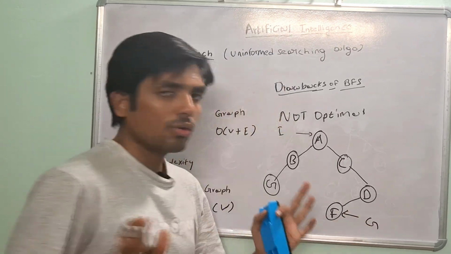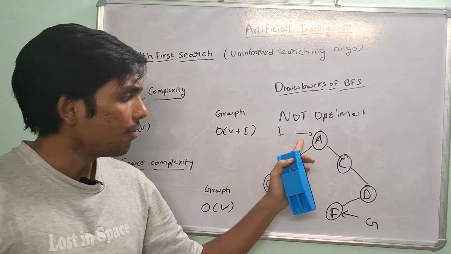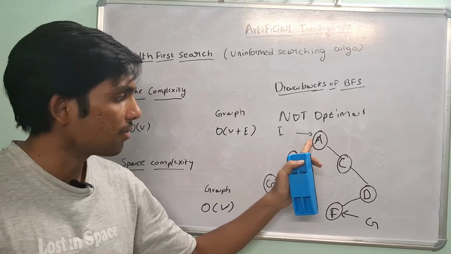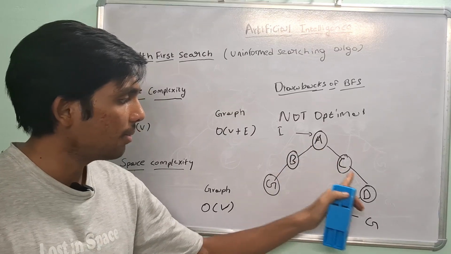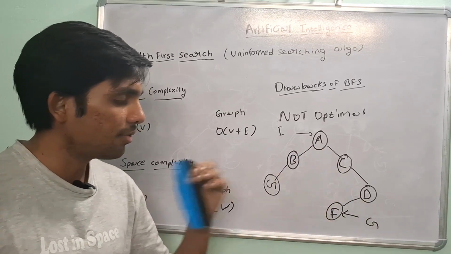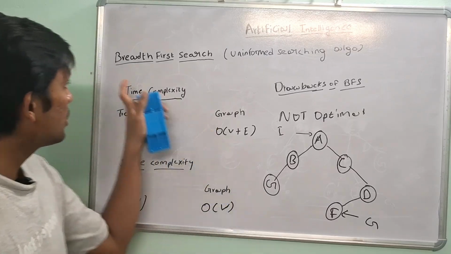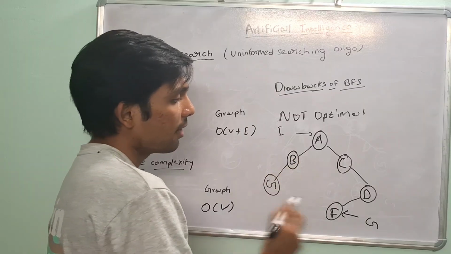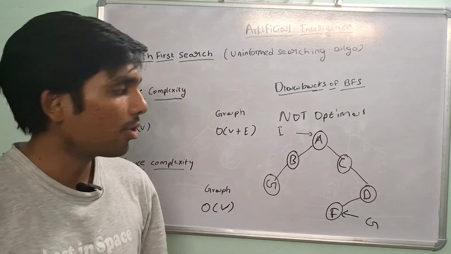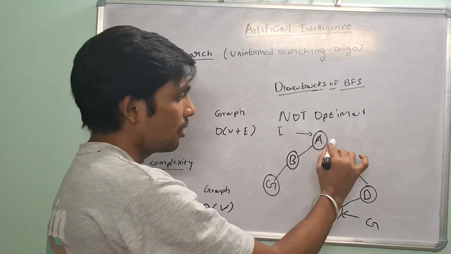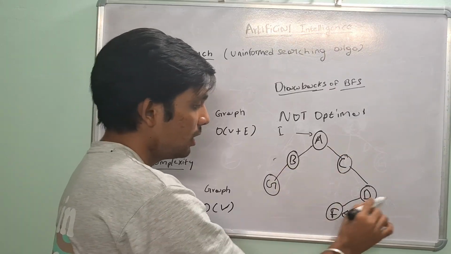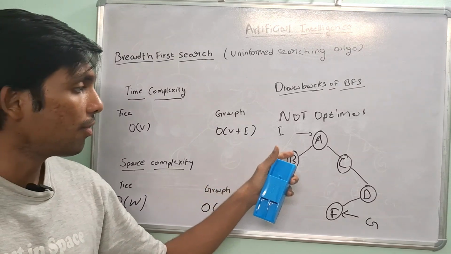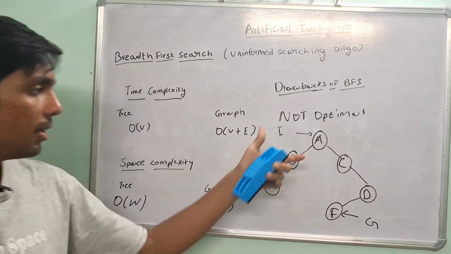We can easily see that the shortest path from the initial node to the goal node is A C D F. But by using the breadth first search algorithm, we will explore each node level by level, whether it is the goal node or not. So we have to explore first node A, then B, C, next G, D, and finally we will come to F. So we are not able to find the shortest path from the initial node to the goal node.